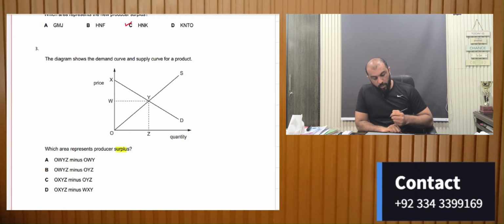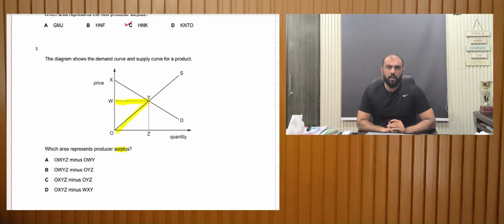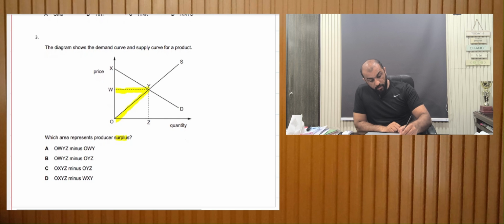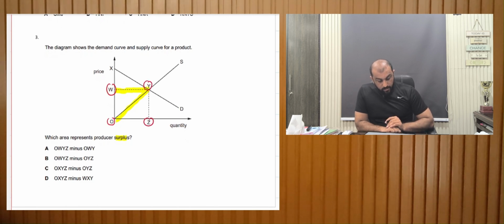Okay, now we know that this area is the producer surplus. And the examiner might ask such simple questions as well. But in this MCQ, it's a bit different, right? So let's look at the options. OWYZ minus OWY, minus OWY.